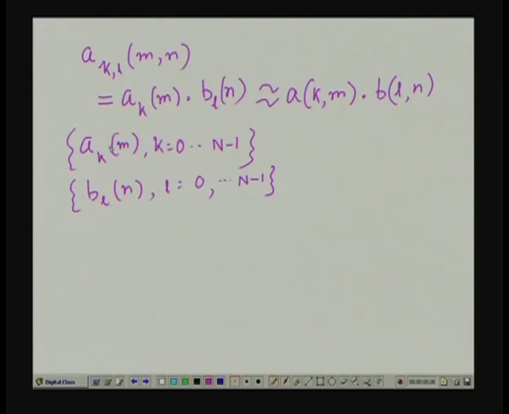So, both A K M and B L N are one dimensional complete orthonormal basis vectors.